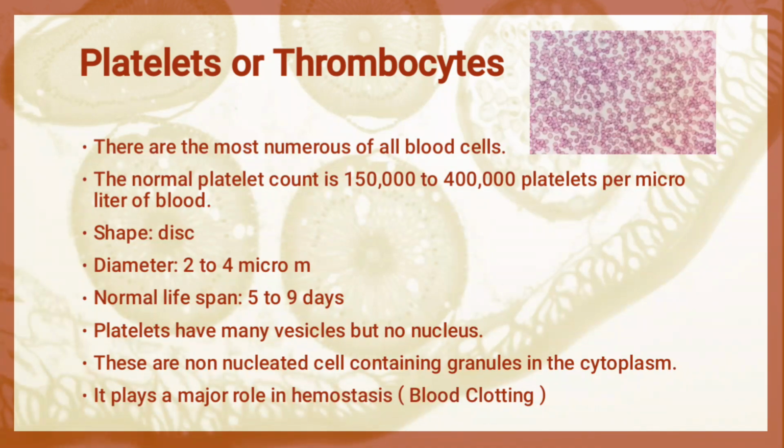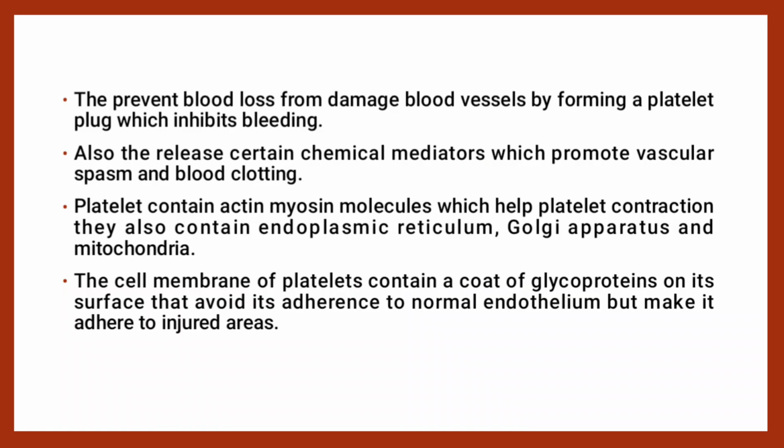They play a major role in hemostasis. They prevent blood loss from damaged blood vessels by forming a platelet plug which inhibits bleeding. Also, they release certain chemical mediators which promote vascular spasm and blood clotting. Platelets contain actin and myosin molecules which help platelet contraction.